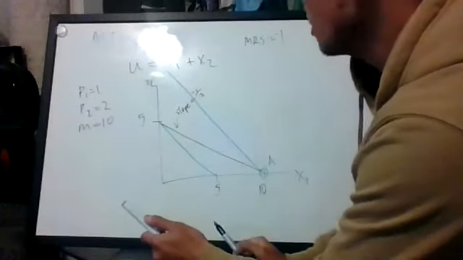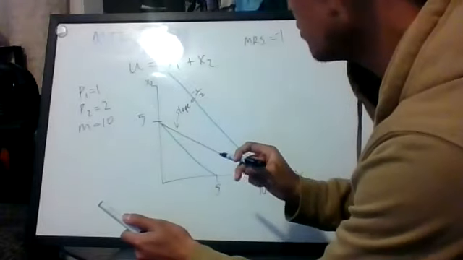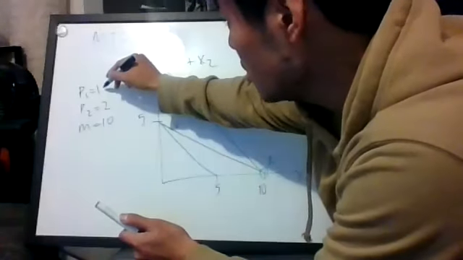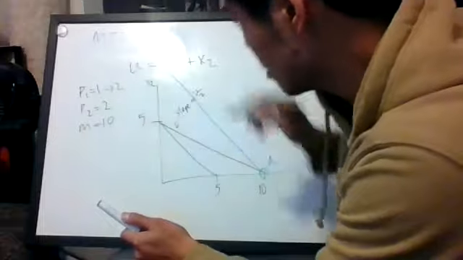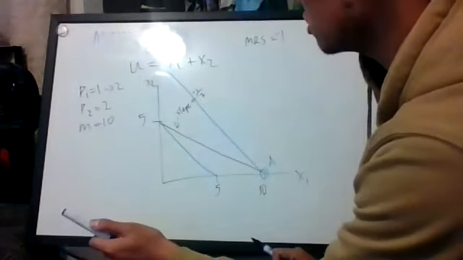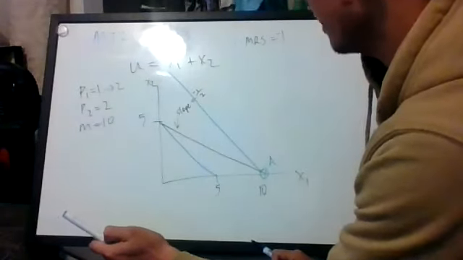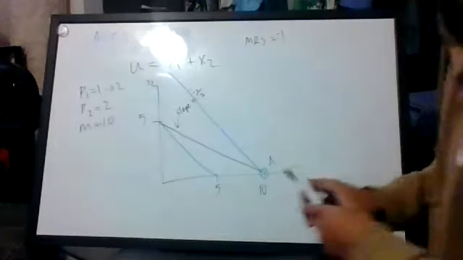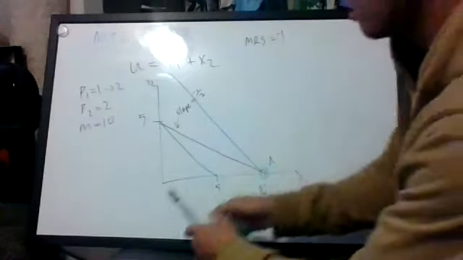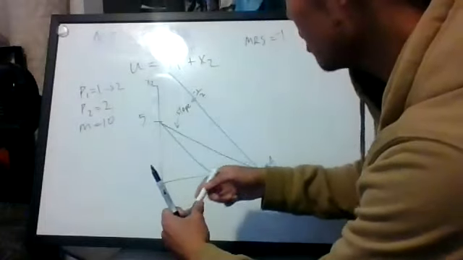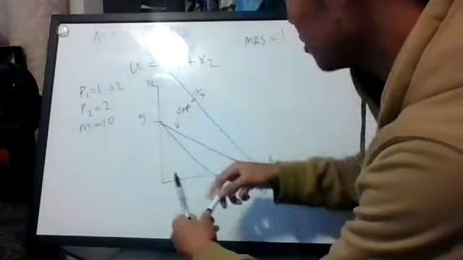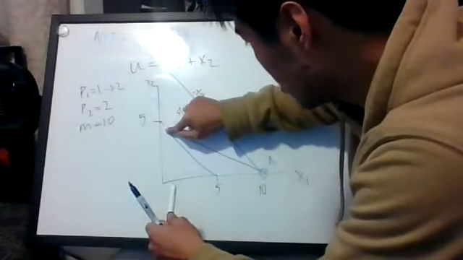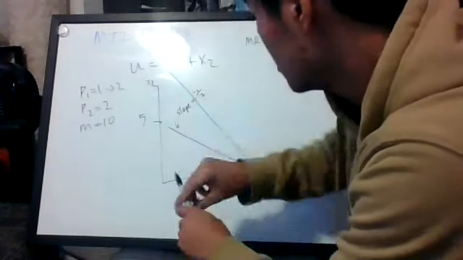And let's say that the price of good 1 changes from 1 to 2. We want to see what the substitution and income effect are, right? So we now have a new budget constraint that is actually going to be this slope right here. So maybe I'll just erase that.